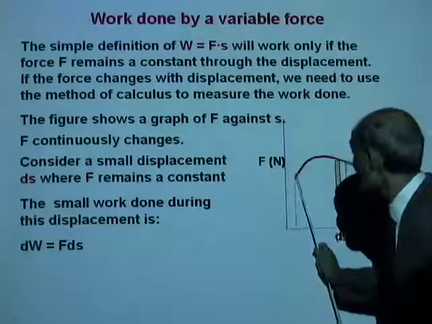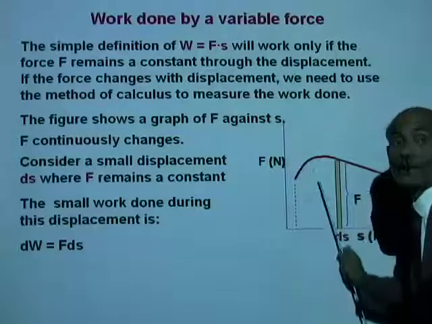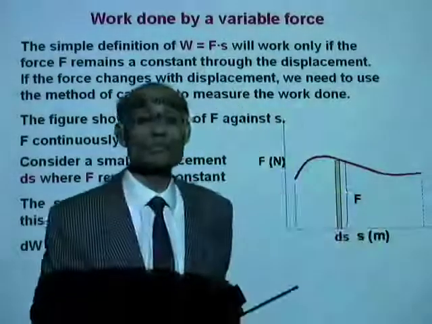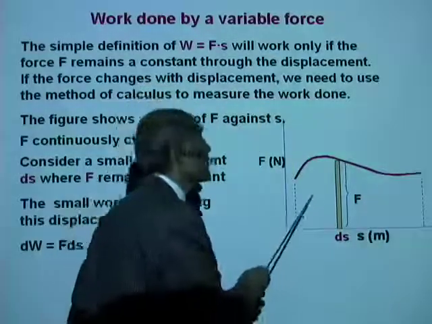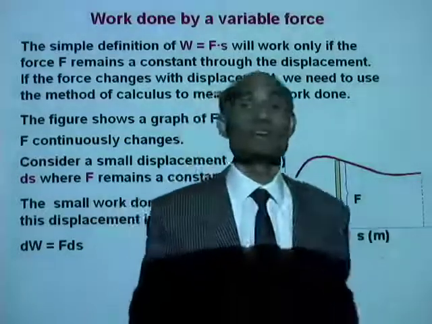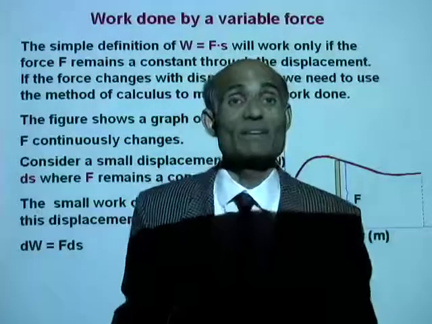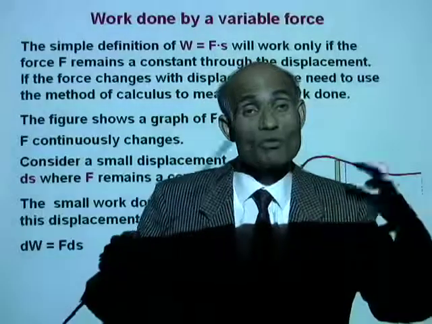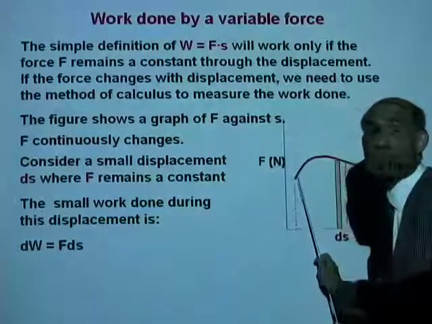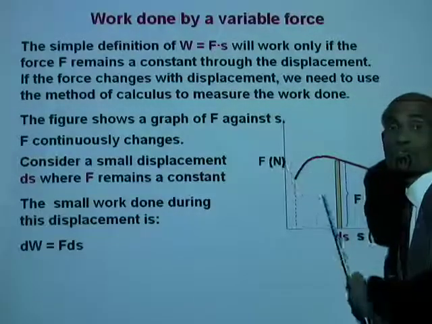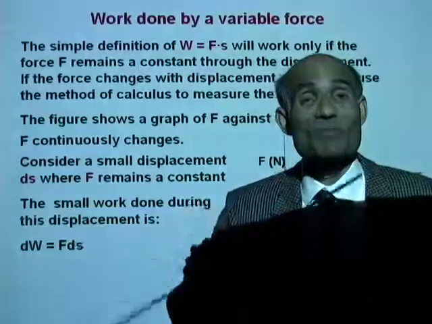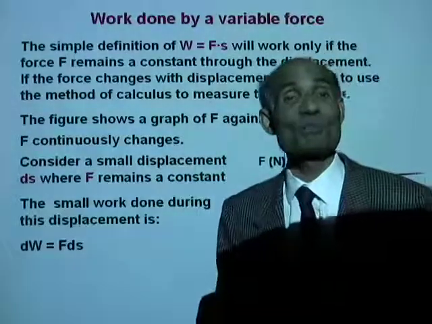And we can do that all over under this graph and then add up all those small dW's. That will give you the work done. In other words, simply stated, no matter how the force changes, if you have the graph of force versus displacement, the area under that graph will be a measure of the work done.